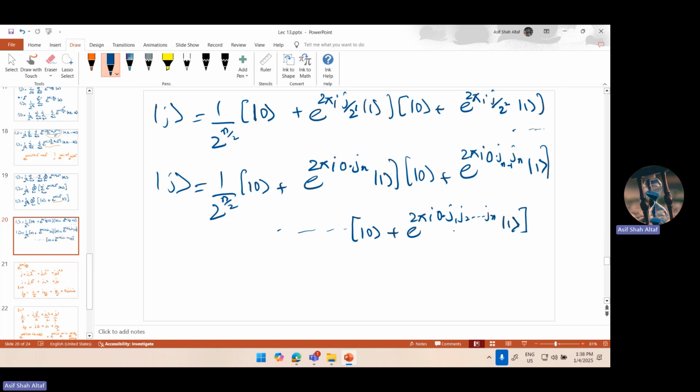So you will be adding more and more of these fractional terms here. This then represents the quantum Fourier transform of a basis state.